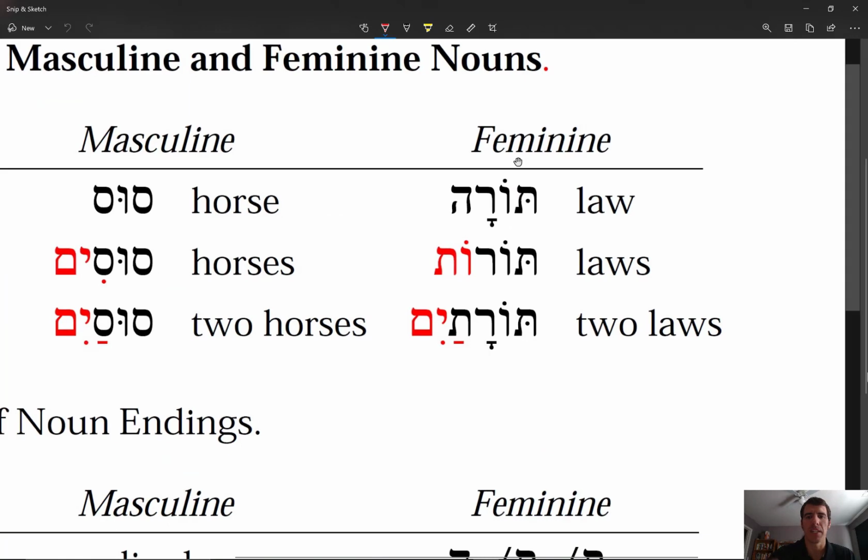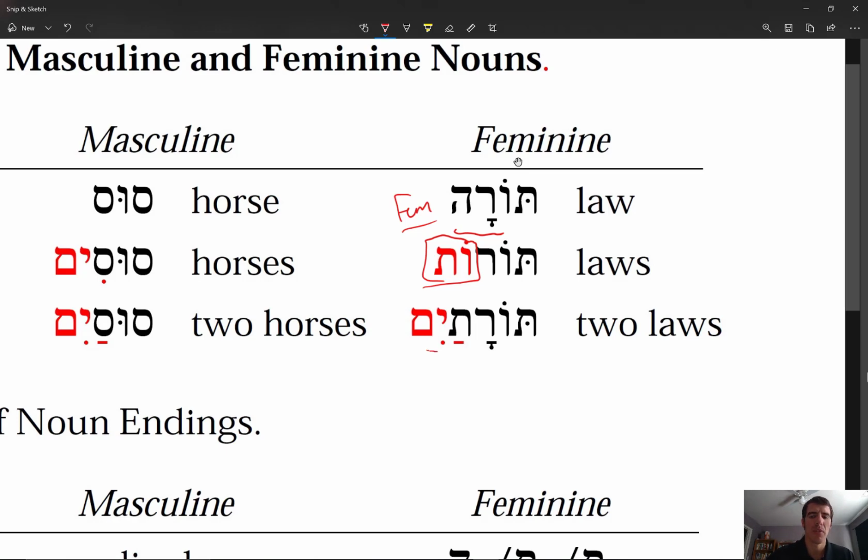Okay, nice. So here we have the qamets hey. That's the typical delineator of the feminine noun. Not always, but usually, and then that will become ot when it's in the feminine plural. So Torah is the word for law, or para is the word for cow. And so they would become Torot or parot in the plural for the feminine.